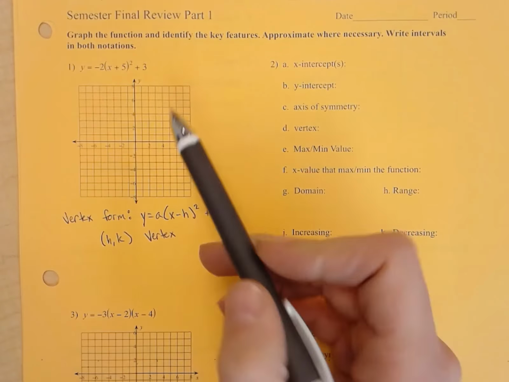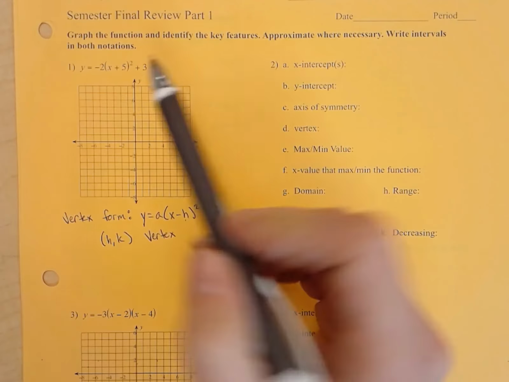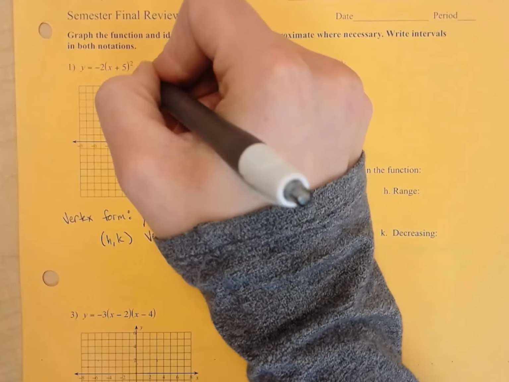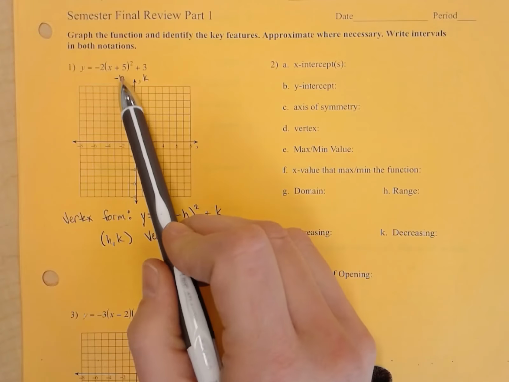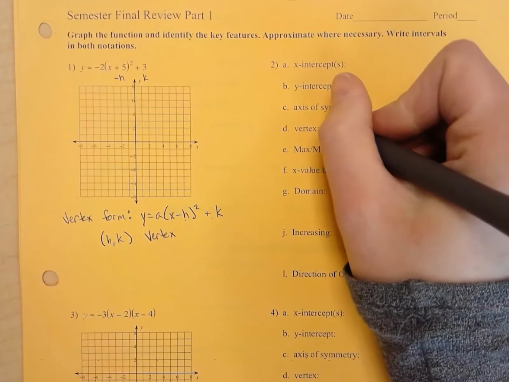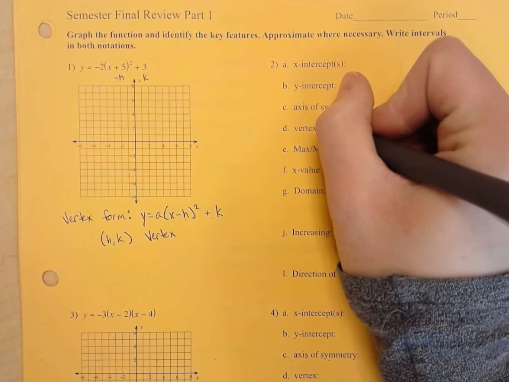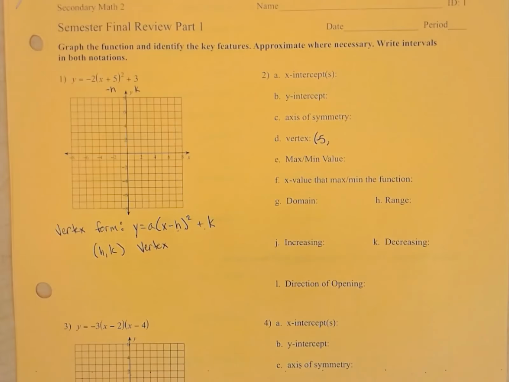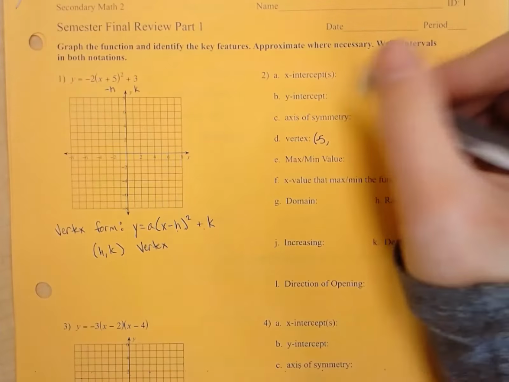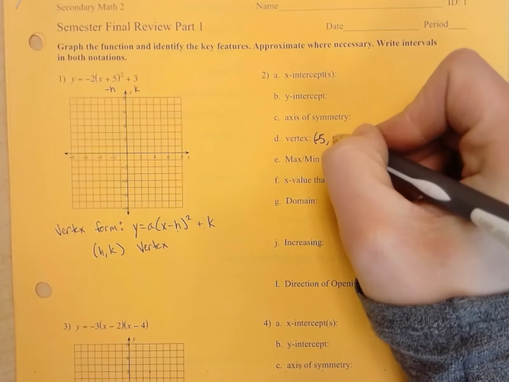But keep in mind this is a minus h in there. Because it was plus 5 in parentheses, that actually means the x-coordinate of my vertex is negative 5. So the x-coordinate of the vertex is negative 5, and the y-coordinate is positive 3.